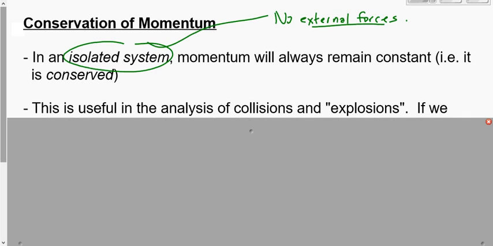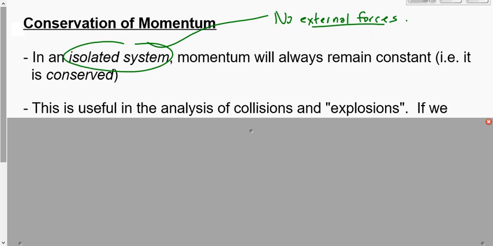Now, we can use this new law of conservation of momentum to analyze collisions or explosions. A collision is self-explanatory, right? Two things bang into each other. Maybe they bounce apart, maybe they stick together, whatever. That's a collision. An explosion could be literally an explosion, like a firework breaking into pieces or a bomb exploding.